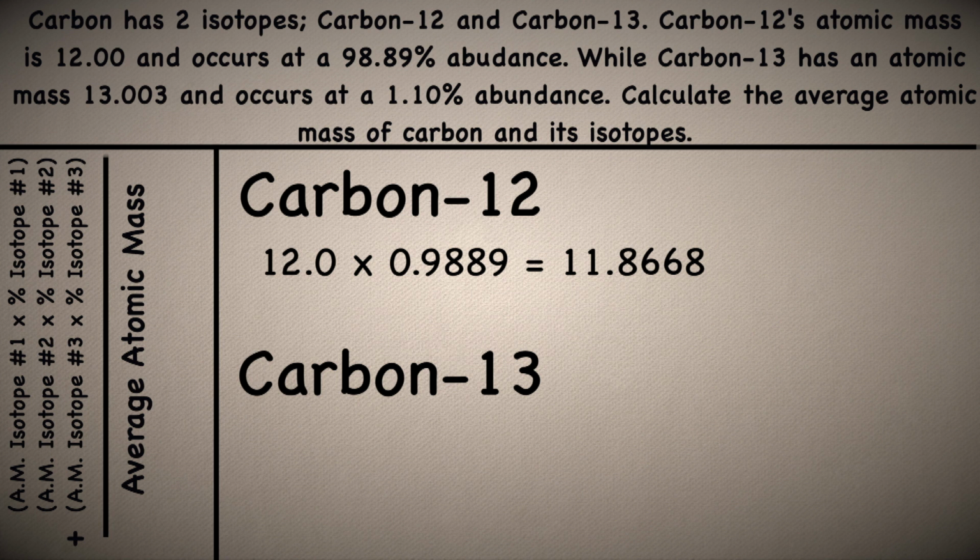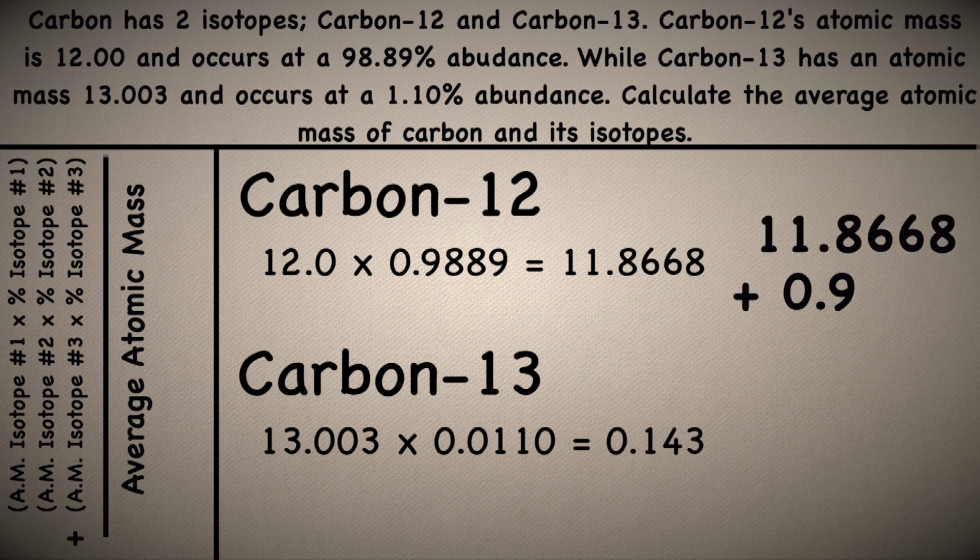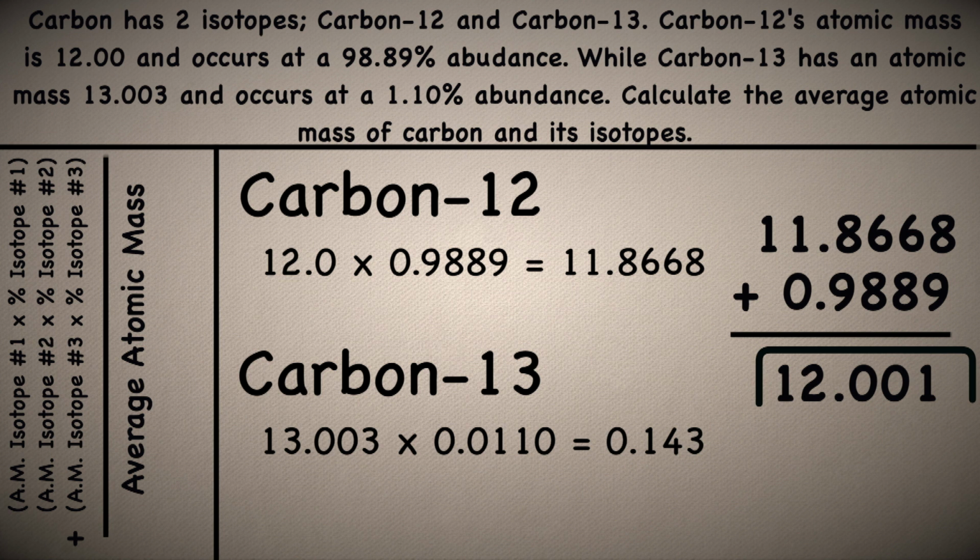I take its atomic mass of 13.003, times its percent abundance converted to a decimal, which is 0.0110, which gives me 0.143. So I add both those together, the 11.8668 and the 0.143, and I get an average atomic mass of 12.001.